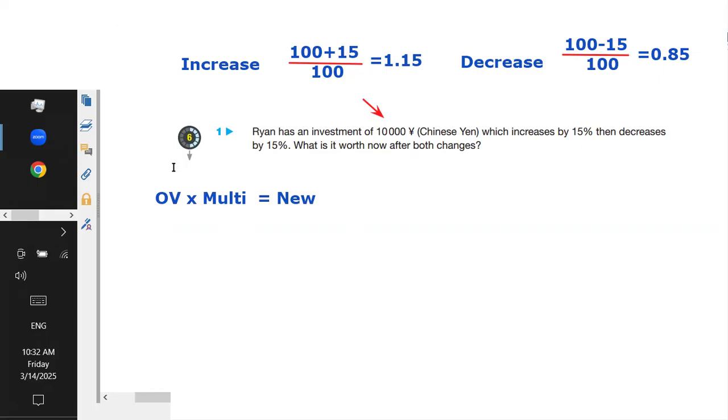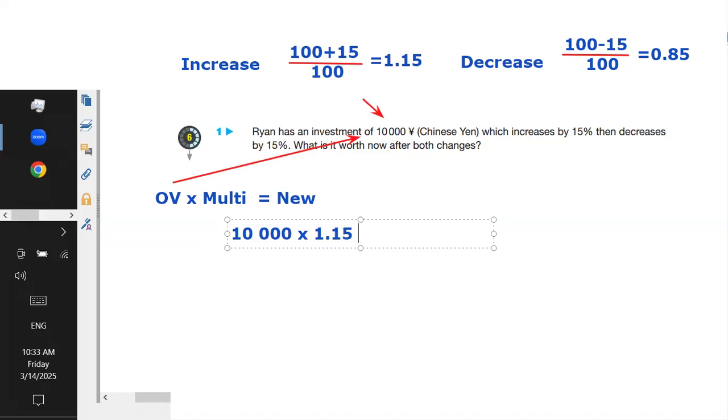Or I can multiply the original value by this multiplier and then by this multiplier at the same time because it's the same idea. So taking the original value, which is 10,000, I'm going to multiply it by the first multiplier, which is 1.15.